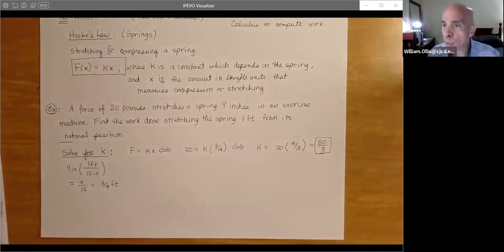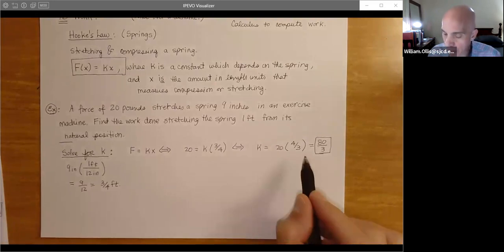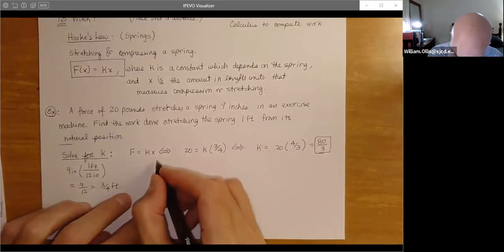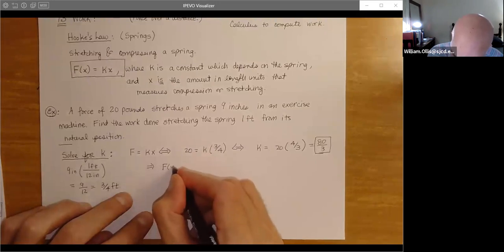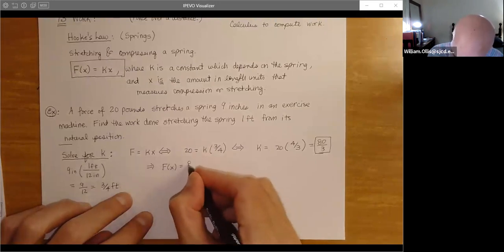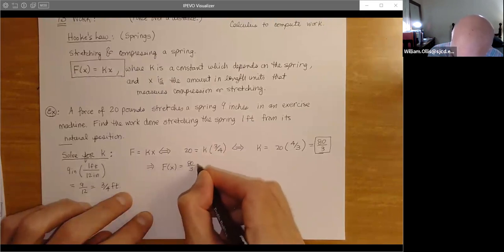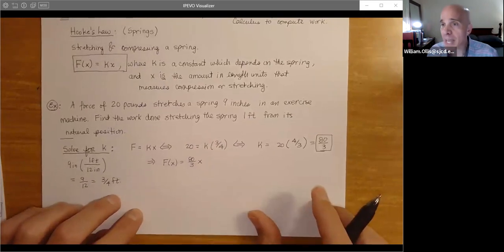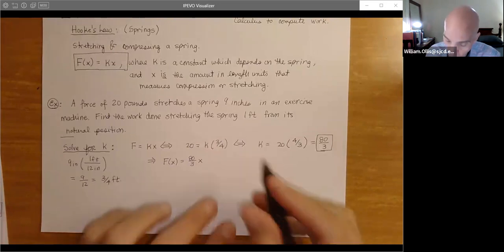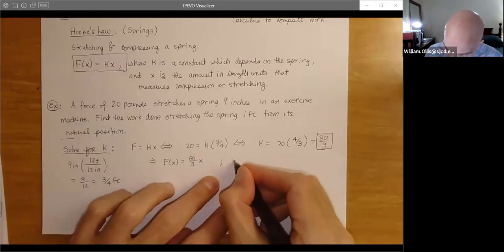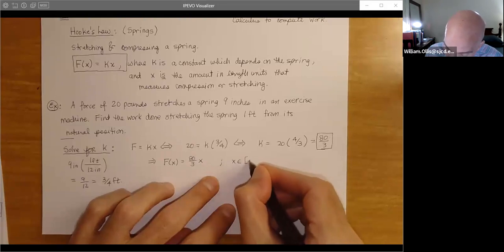And so now what we want to do, again, we're stretching the spring and the force is varying. So we can say now, just to write this down, to tabulate, f of x is 80 over 3 times x. So we have a variable force. So as we stretch, we have to think of taking this interval from 0 to 1, x element of 0 to 1, and partitioning it.